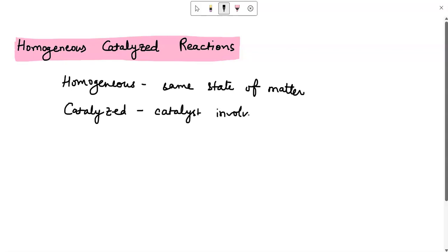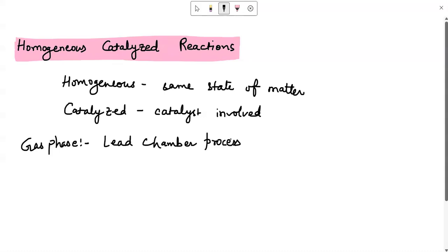A good example of a homogeneous catalyzed reaction, for the gas phase, would be the lead chamber process. The lead chamber process was used in manufacturing of sulfuric acid. An important step is to convert SO2 to SO3.